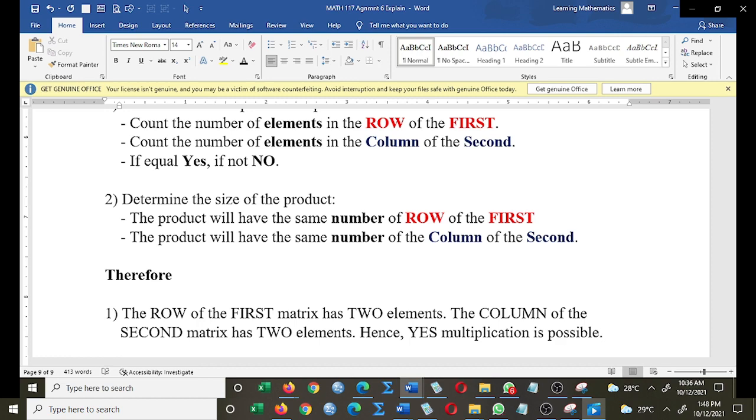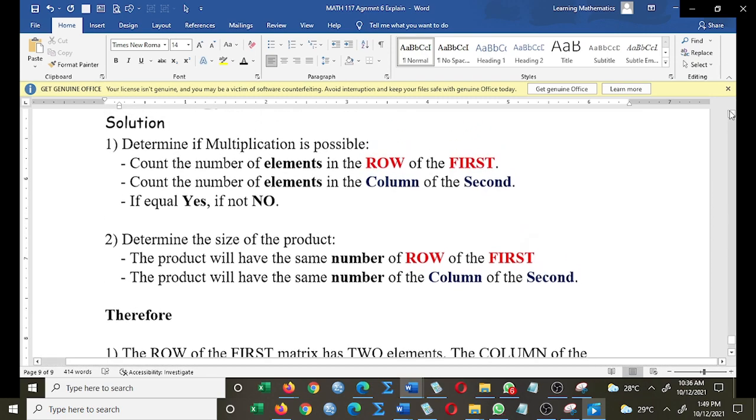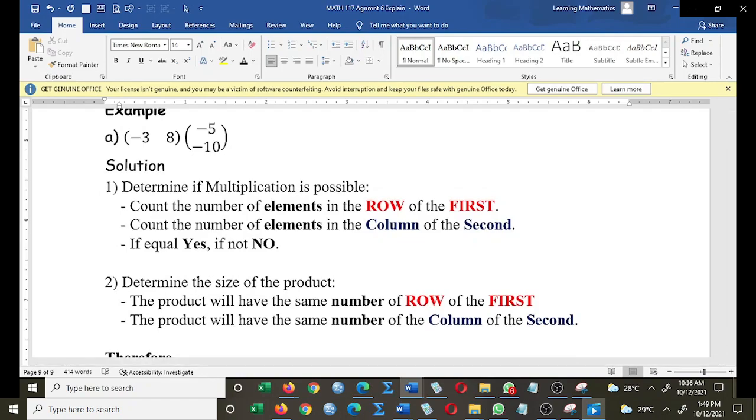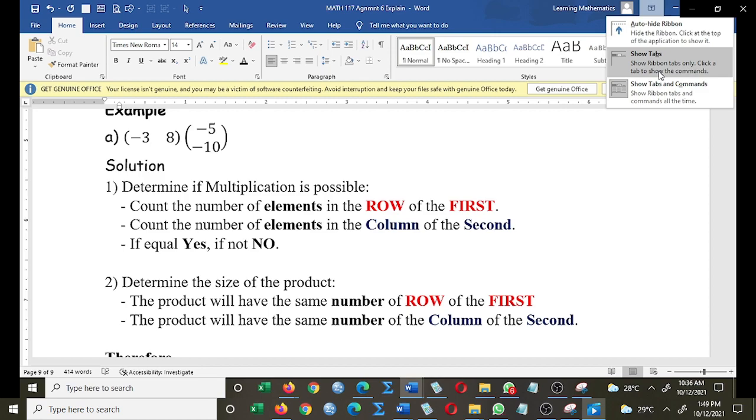Now we can talk about what size will be our product. How do we determine the size of the product?